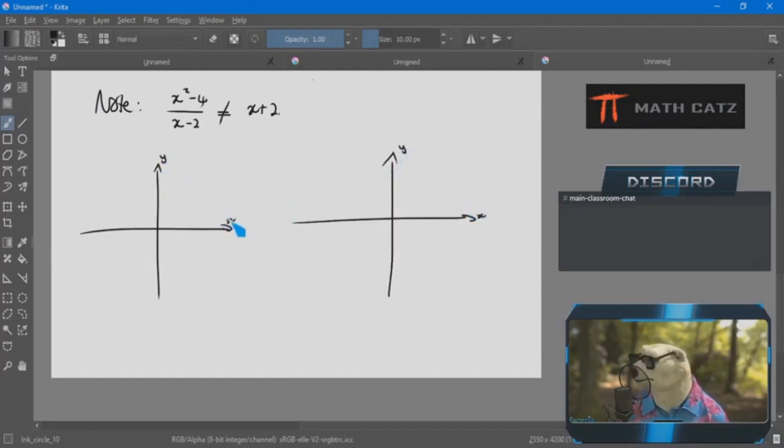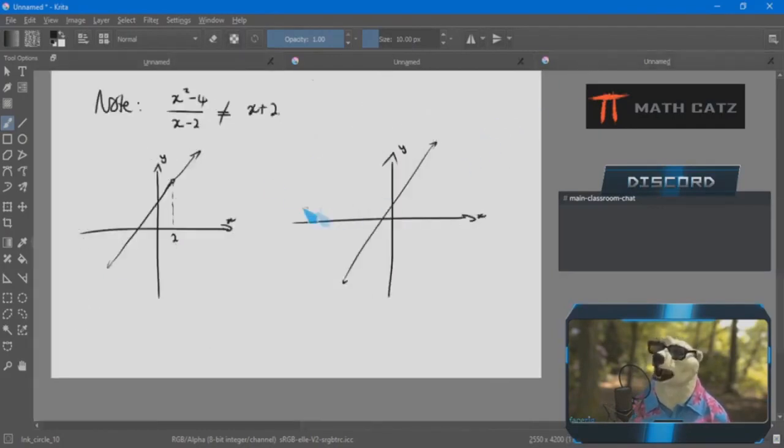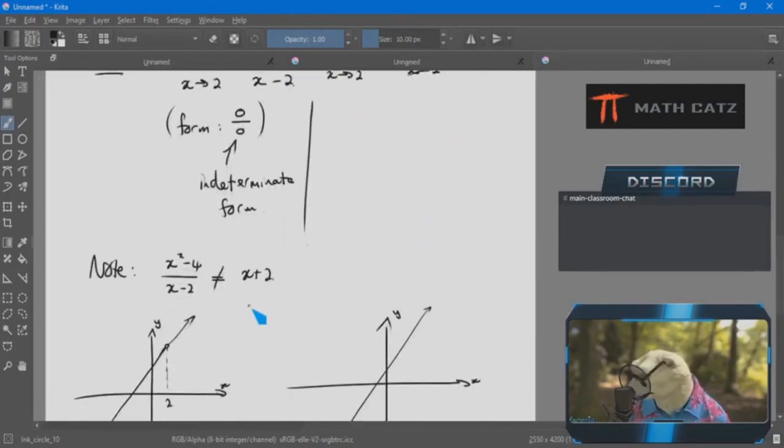This one, of course, is a straight line, x plus 2, like that. This one is almost identical, except it has a little hole that it jumps over when x is 2. It's not defined at 2. But it's not defined in a very different way compared to 1 over x squared. Very different.